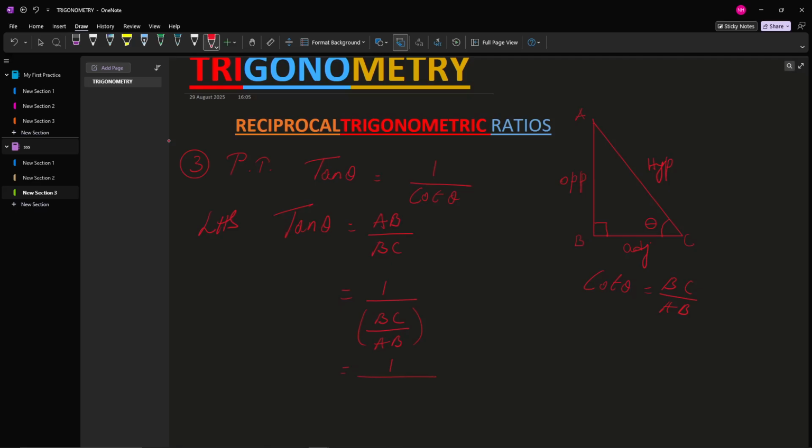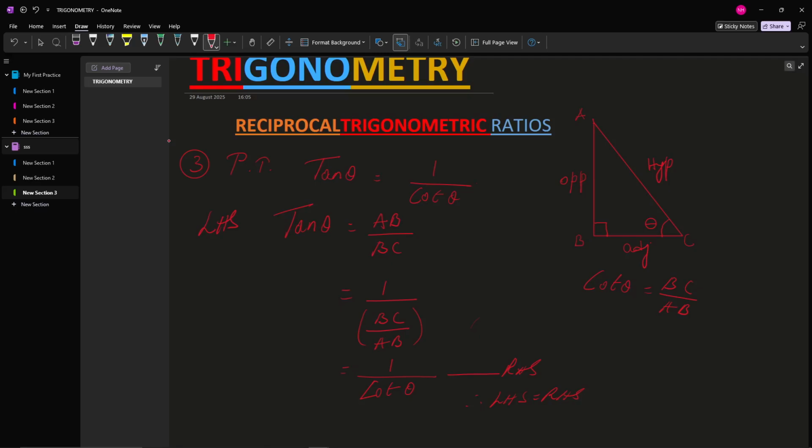So 1 divided by, what is BC by AB? BC by AB is adjacent by opposite. Adjacent by opposite is cot theta. So this is RHS. Therefore LHS is equal to RHS.